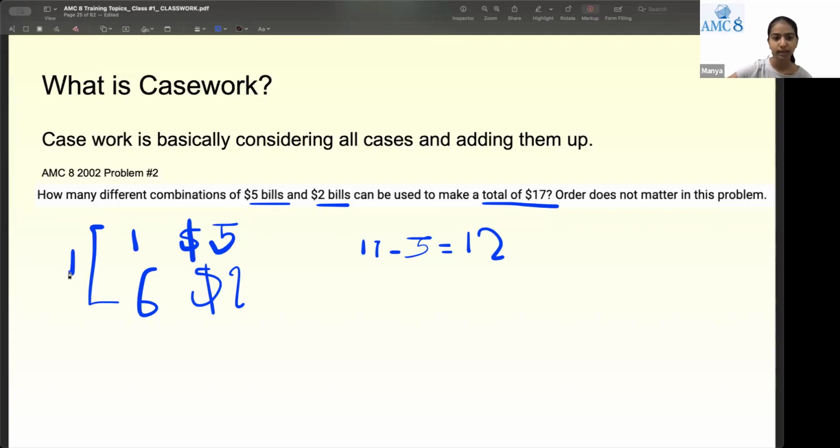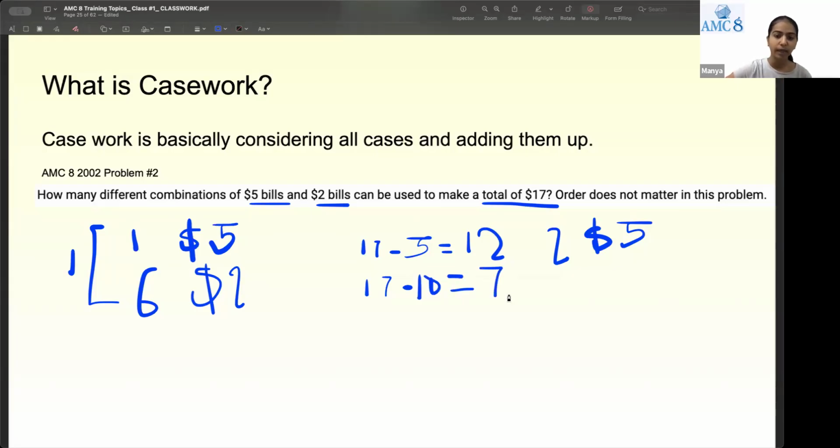But another case would be, suppose that we have 2 $5 bills. That would be 17 minus 5 times 2. 5 times 2 is equal to 10. So 17 minus 10 is equal to 7.